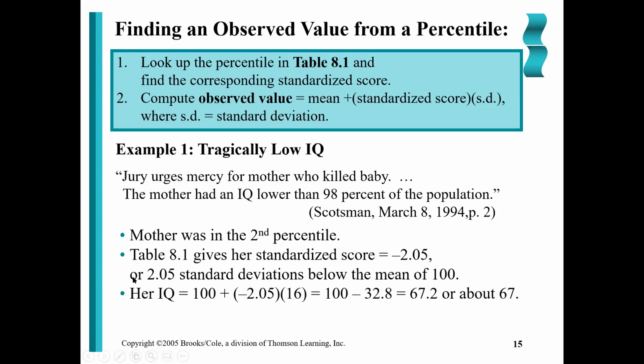And then you use that formula I showed you to calculate the standard score, and you just do a little bit of algebra to rearrange it, and you get 67.2 as the IQ, or a 67 IQ.